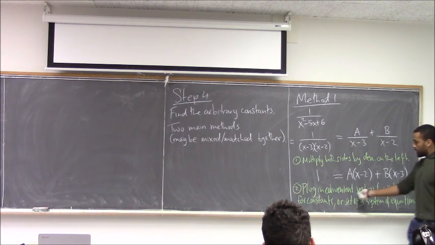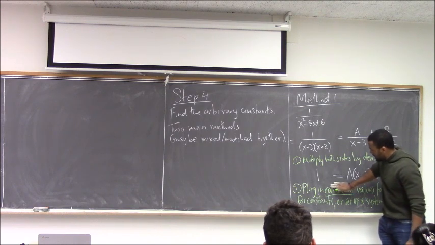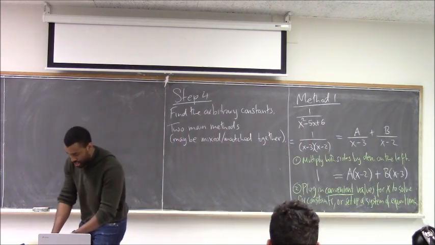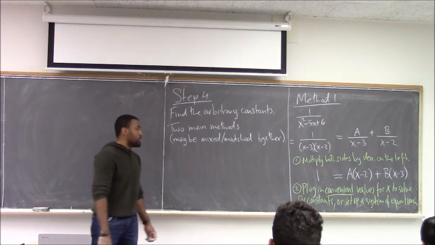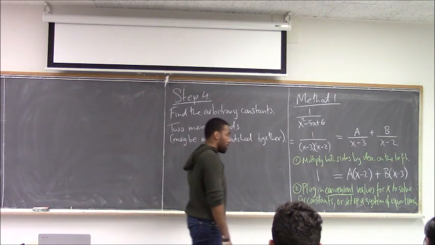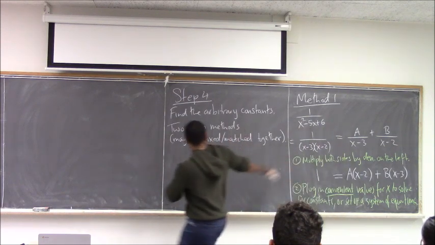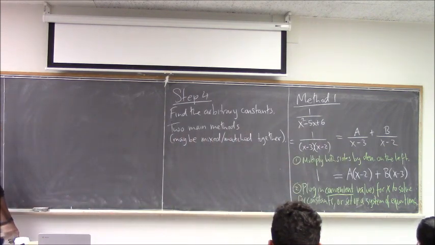Now, when it comes to convenient, the gold standard for convenient is the following. What is the most convenient thing that exists? Well, it is going to be a number that is going to kill all the arbitrary constants except one of them. Right? So, for that example, can you think of such a number?